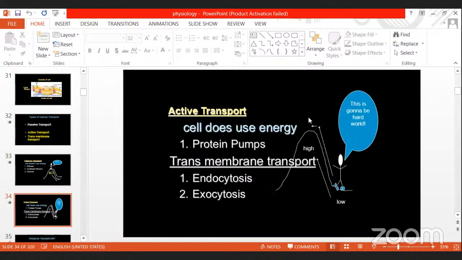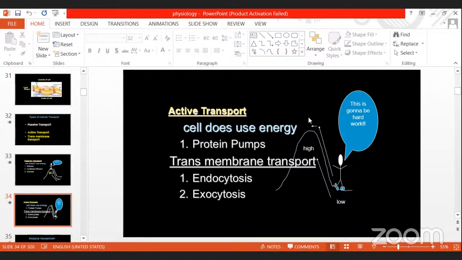And active transport, it is active, so the cell does use energy. The cell needs energy because substances move from an area of low concentration to a higher concentration. These use protein pumps.